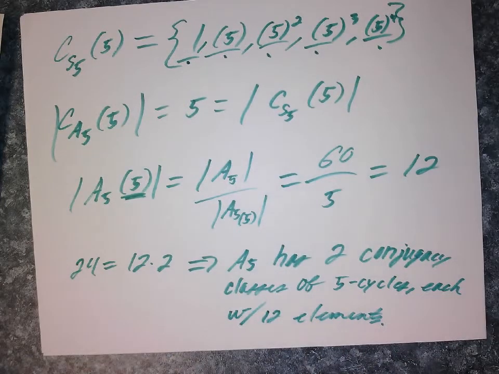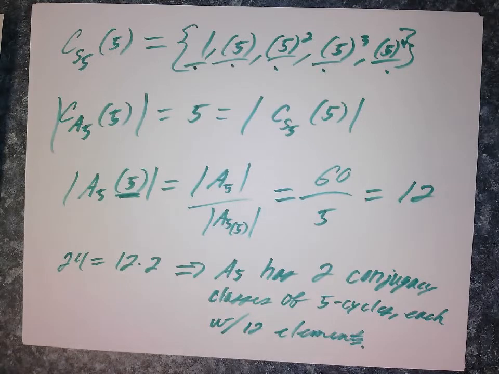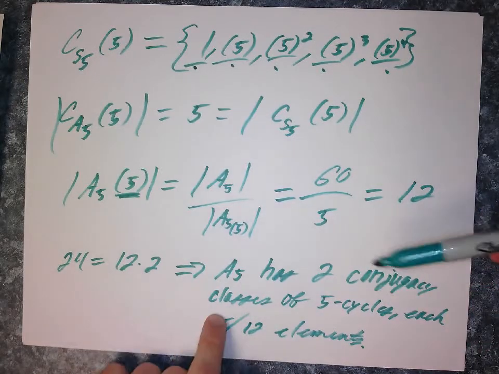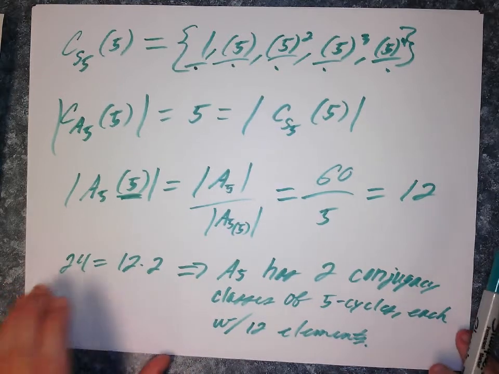And so we notice that unlike S5, where all the 5-cycles end up being one conjugacy class, here the 5-cycles actually divide into 2 conjugacy classes.